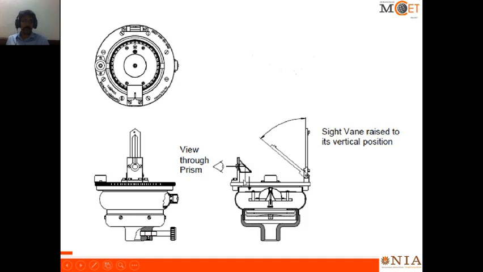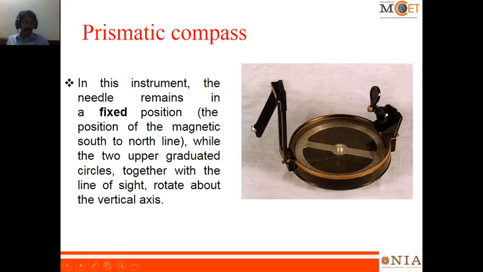Through the prism you can see the right measurement directly, but if you are looking directly from above, the readings shown here will be inverted.